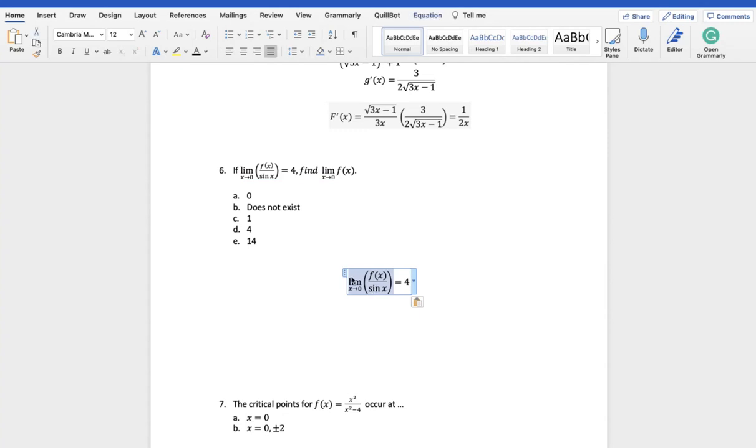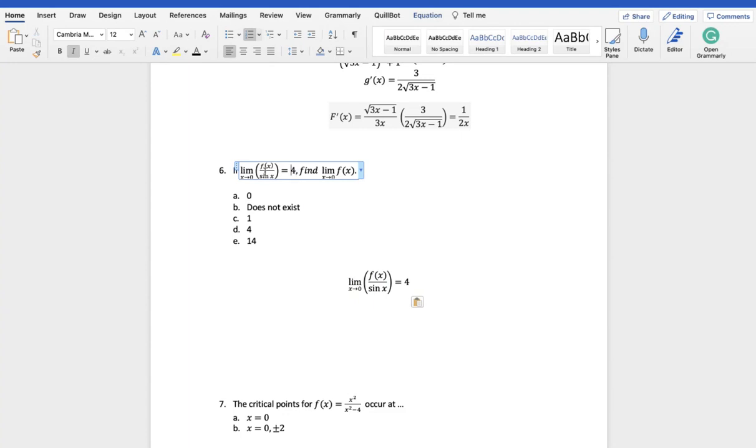So since this is an MCQ question, you can already see from what the question tells you which one of the options is not correct. And option B obviously is not correct. You know why? Because they've already told you in the question that the limit does exist. It's equal to 4.